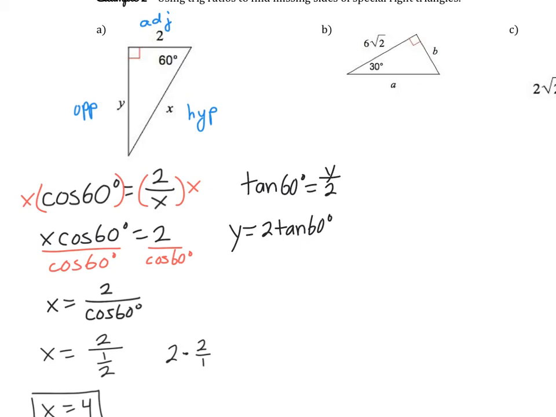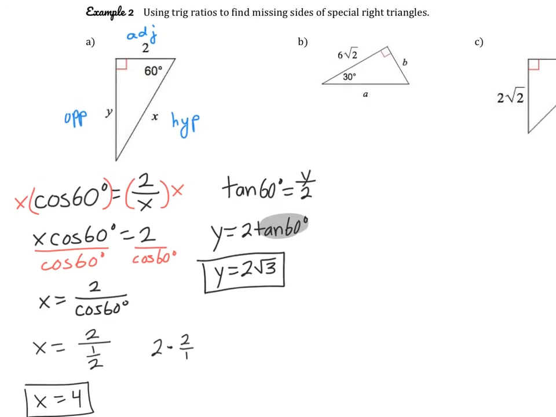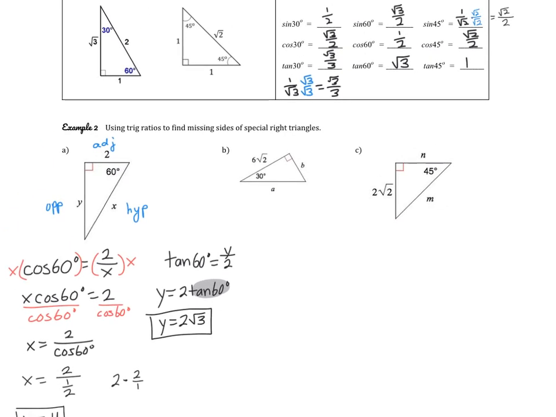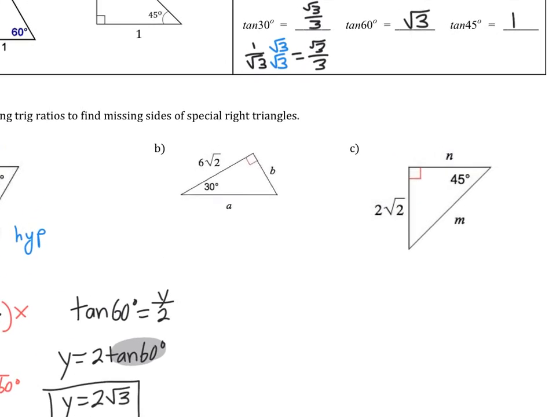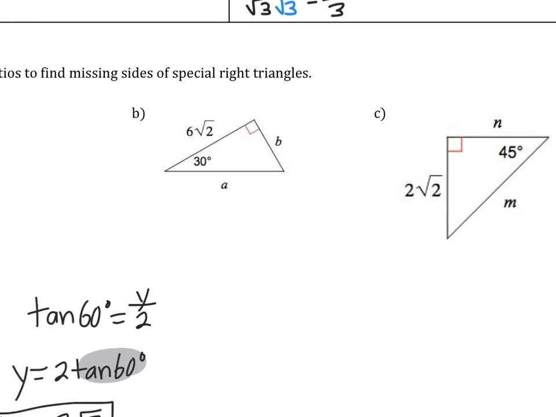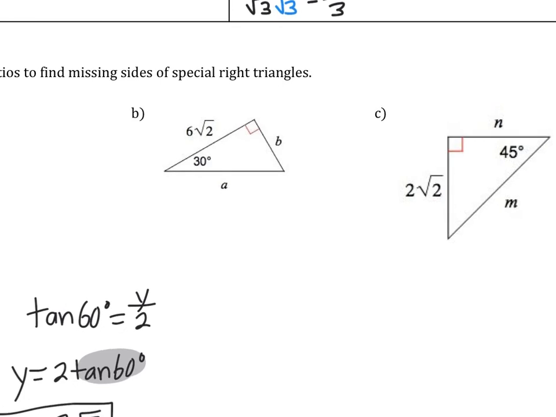And then from above in our chart that we filled out, we know that the tangent of 60 degrees is square root of 3. So this becomes y equals 2 root 3. So we solved for x and y using trig ratios, and we could do this completely by hand without using a calculator. All right, let's try example B.